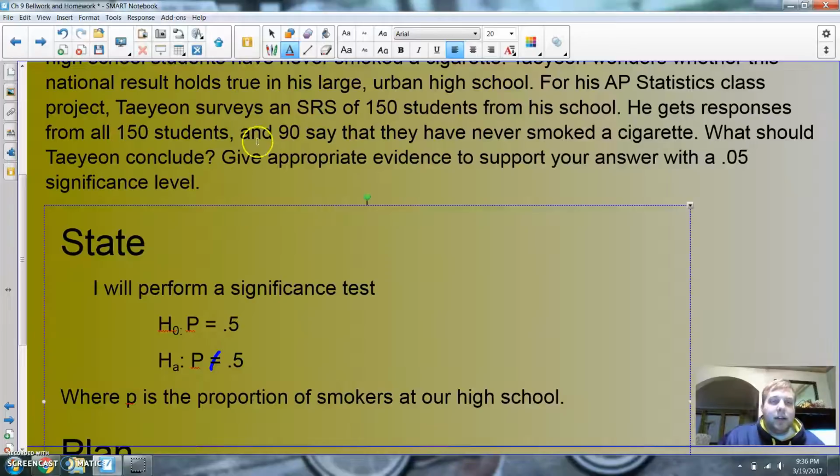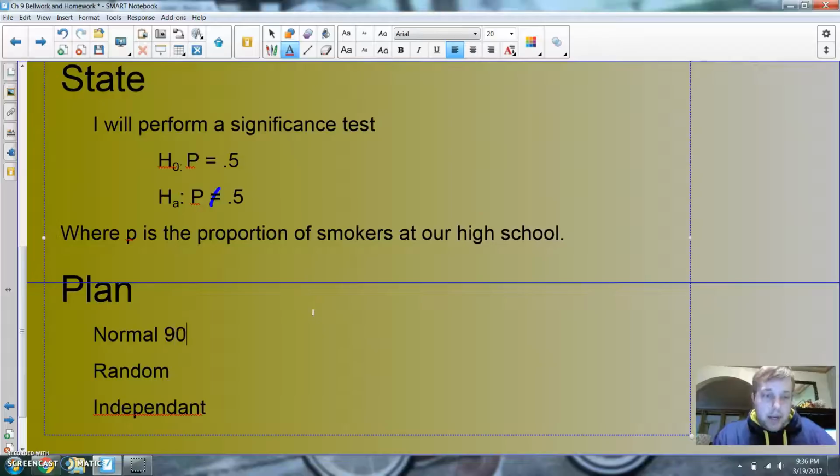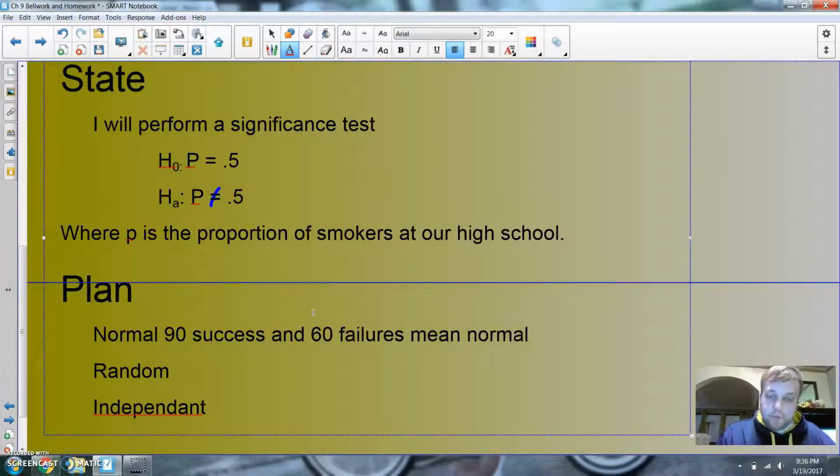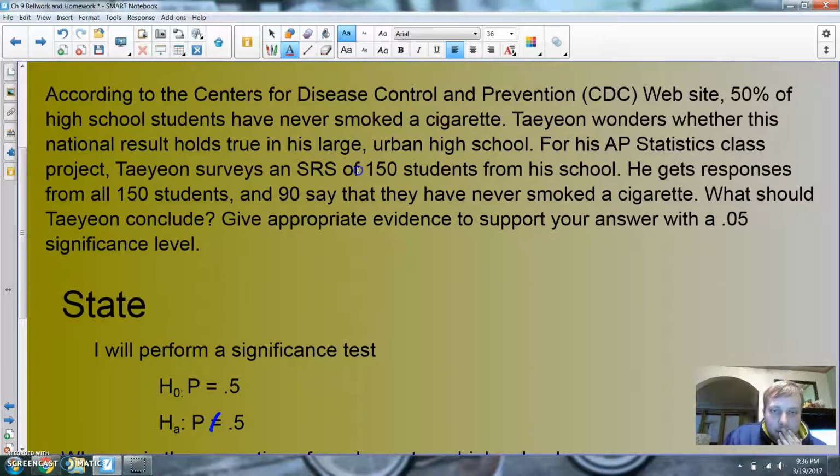I said 90 say that they have never smoked, so that's 90 successes and 60 failures, which means normal. And random. Did I do a random sample? Simple random sample. Yep.